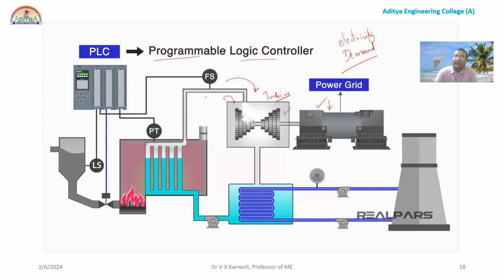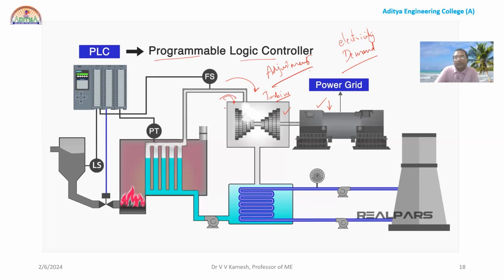If the demand is excess, I need to produce more. If the demand is less, I need to bring the generation down, right? So to make the balance, I need to make some adjustments. These adjustments we are able to do by controlling different aspects.